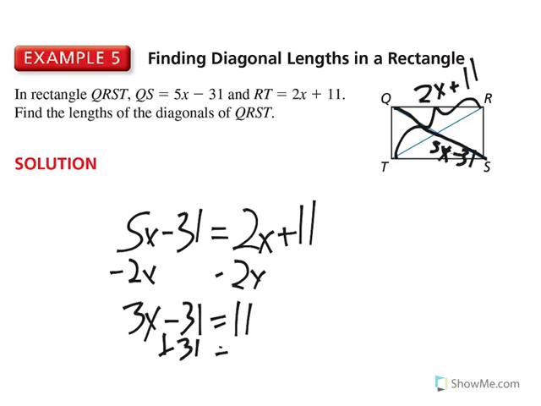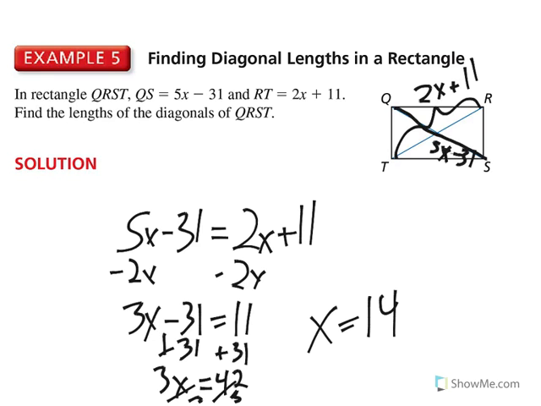So then here I'm going to add my 31 because I already have my x's on one side, so I'm going to try to move my constants to the right. So I get 3x is equal to 42. And so then I need to get x by itself. I'm going to divide by 3. And so when I divide by 3, I get x is equal to 14. It does not ask for x in my problem. It says, what are the lengths of the diagonals?